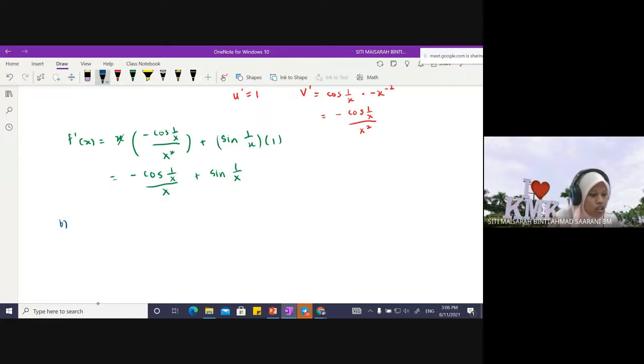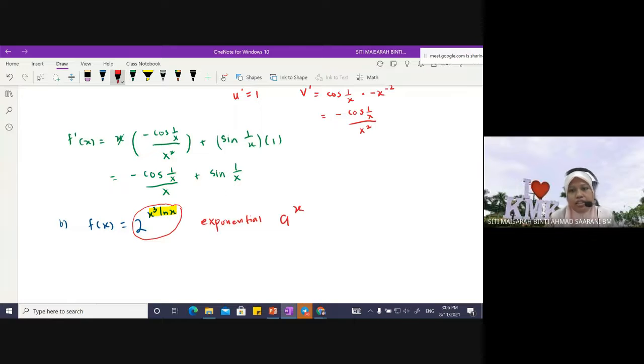Given function for B is f(x) equals 2 power x cube ln x. x cube multiplied by ln x is the power of 2. If you notice this function, this is actually an exponential function, a power x.